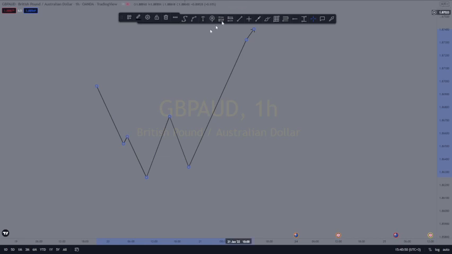Let's label it. You usually wait for a break of structure on the previous supply, so the previous supply should be consumed.